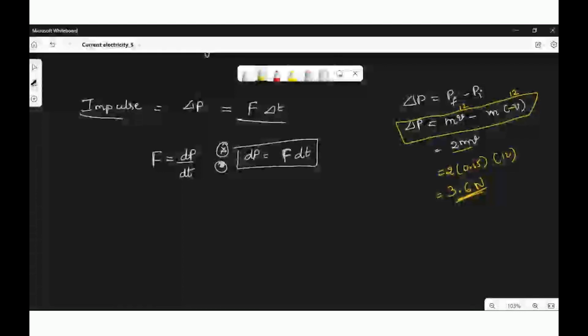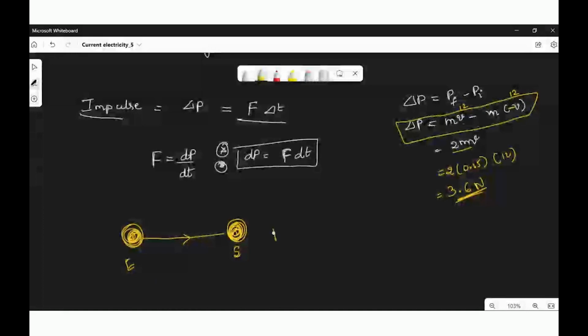This becomes very important in the case of internal forces. For example, if I say there is earth here and there is sun here. Now if I say there is gravity between them, correct? Between the earth and it may be moon, it may be sun, or any other planetary objects, there will be a force of attraction between them.